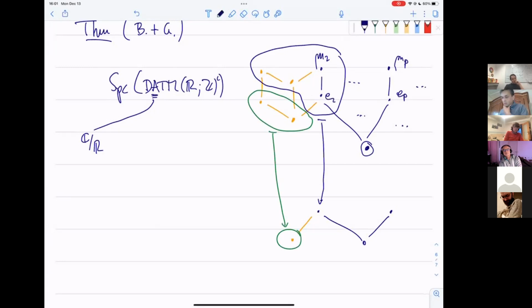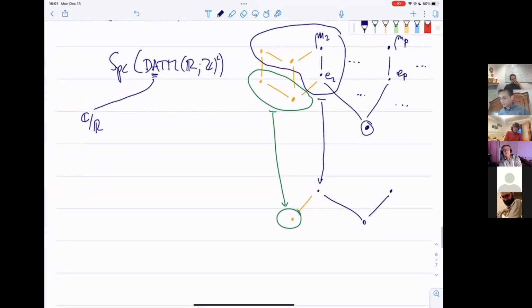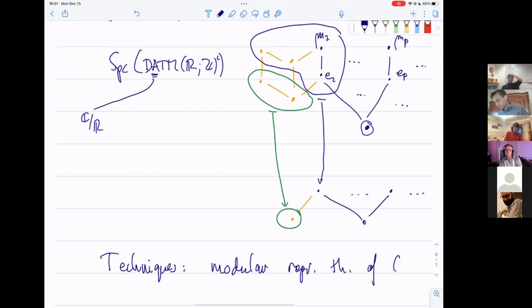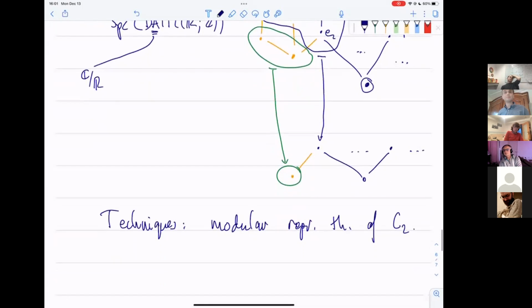And just to say a word about the techniques, I'm not going to say, of course, anything beyond this point, but the techniques use modular representation theory, actually of a very simple group, the group C2. You might say, well, isn't that a bit of an overkill?